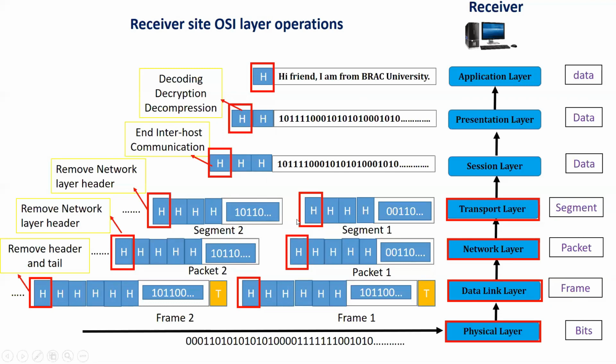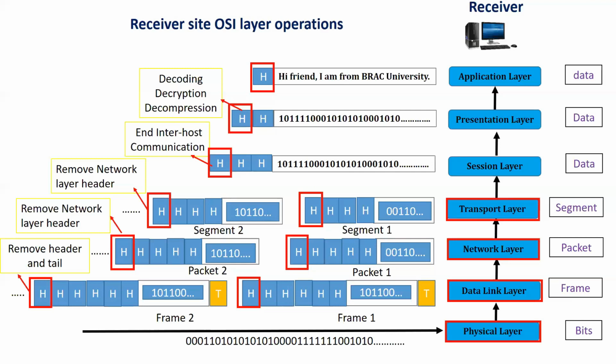That means the specified process, for instance Gmail or Facebook. As I'm sending the mail, at the receiver side the transport layer sends all the information to the Gmail application. Then the session layer determines whether the session is still ongoing or not.